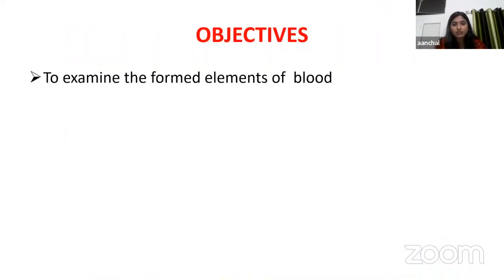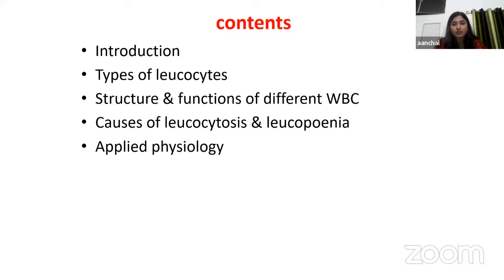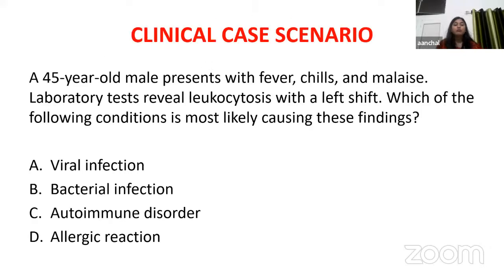So starting with today's topic. Before proceeding, we have a clinical case scenario that we're going to learn today. A 45-year-old patient presents with fever, chills, malaise; laboratory investigation revealed leukocytosis with a left shift. Which of the following conditions most likely causes these findings?